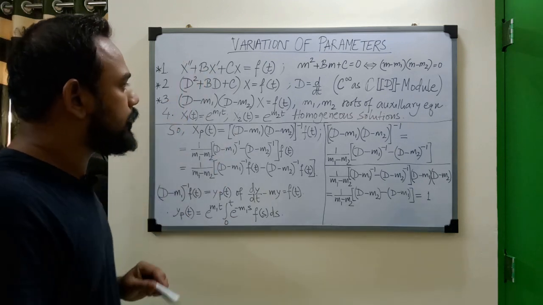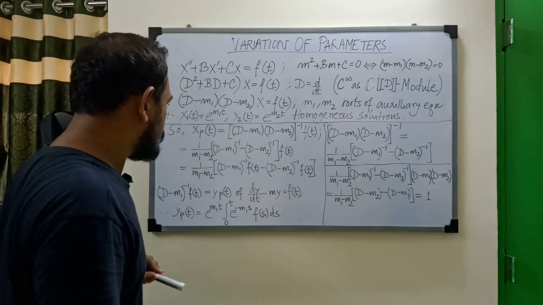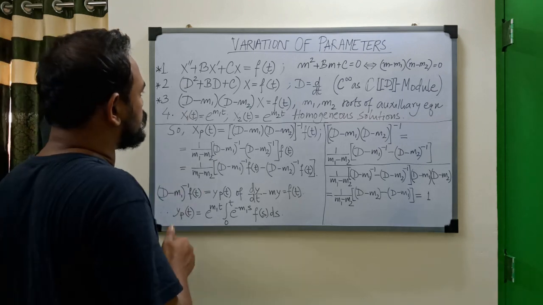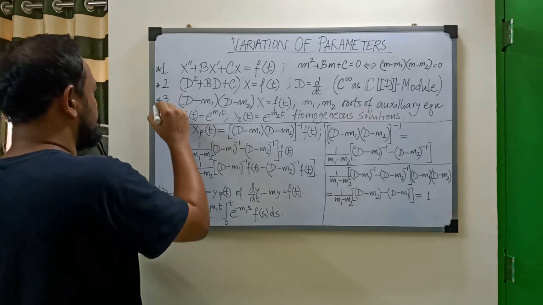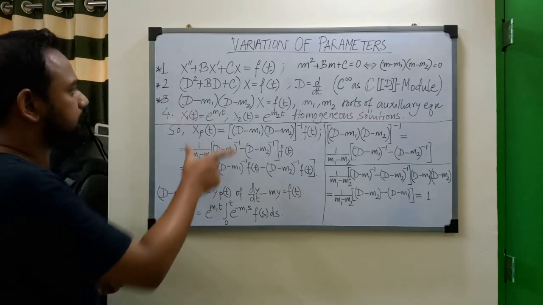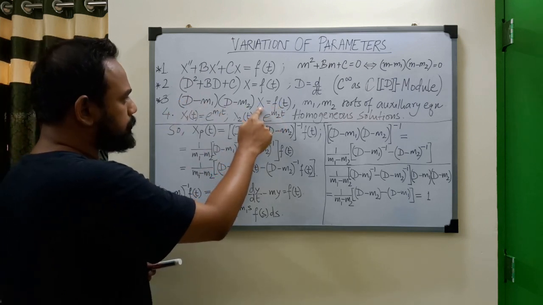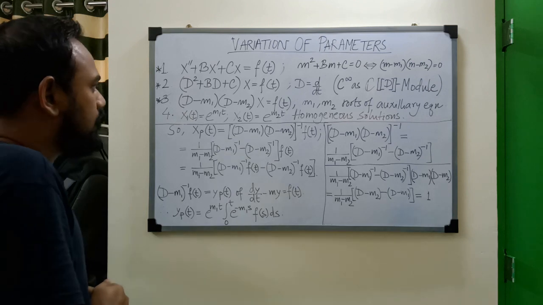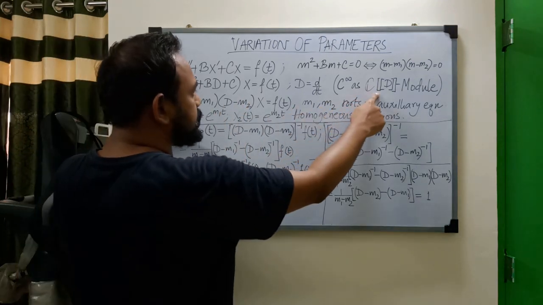As I said, for this method we are basically finding the particular solution for this differential equation. Number 3 is the same form as this. So to find the particular solution, as we have discussed before, this is an element of this ring CD.